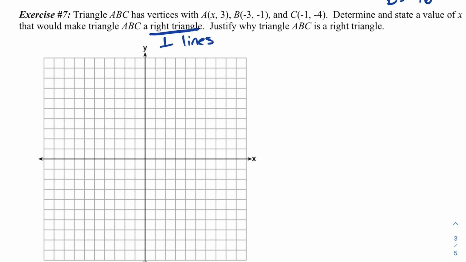Let me graph the points that they give us. They tell us B is negative 3, negative 1. And C is negative 1, negative 4. And they tell us that A is x comma 3. The only thing they tell us is that the y value is 3.